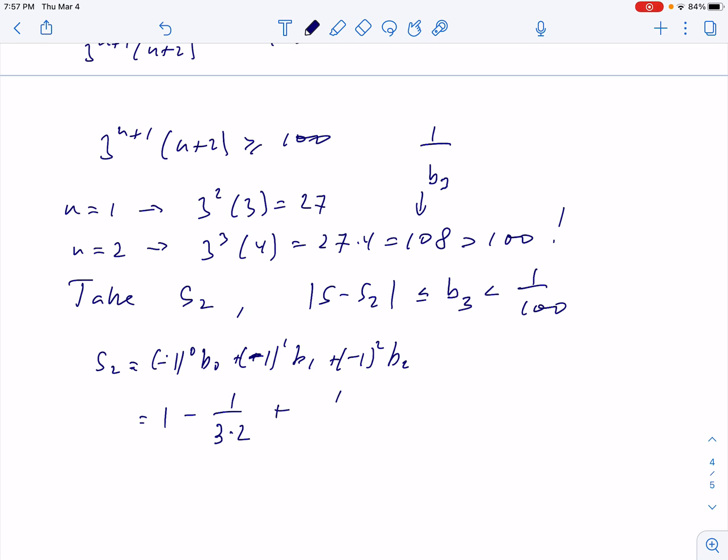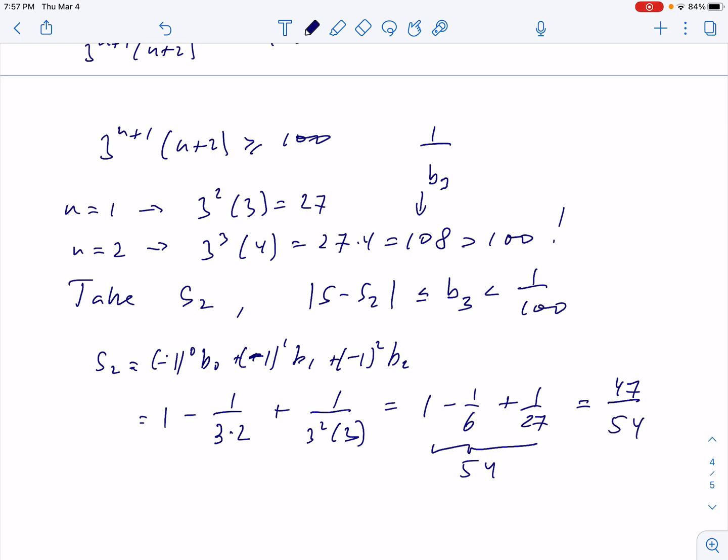And then plus 1 over 3 squared times 3. This will be 1 minus 1 over 6 plus 1 over 27. We put it over the common denominator 54, and we get the number 47 over 54.